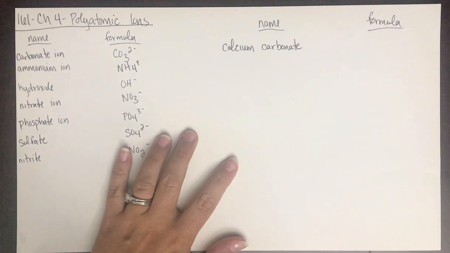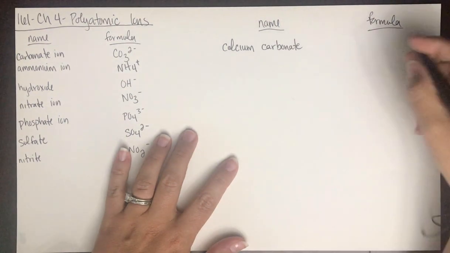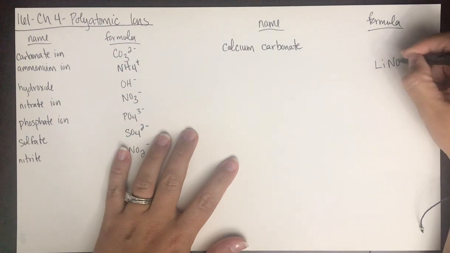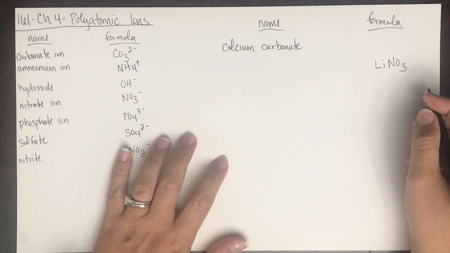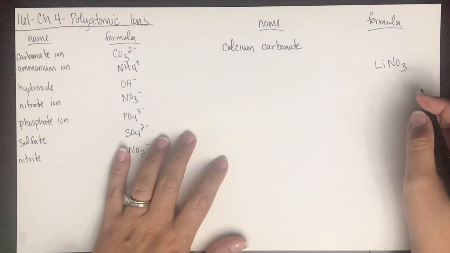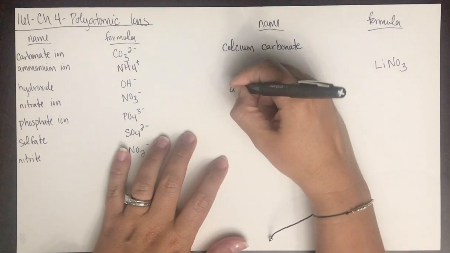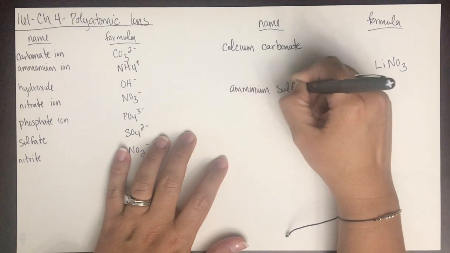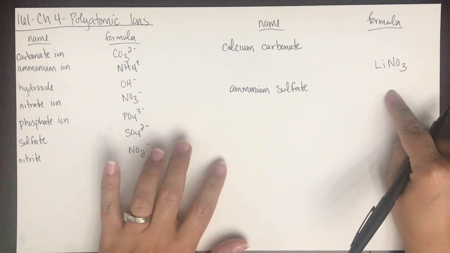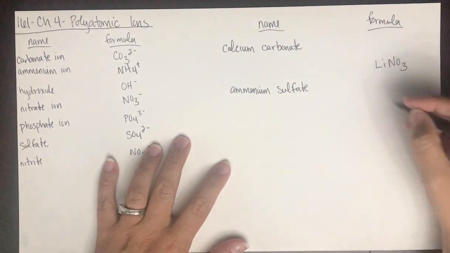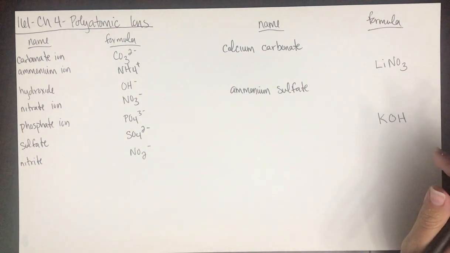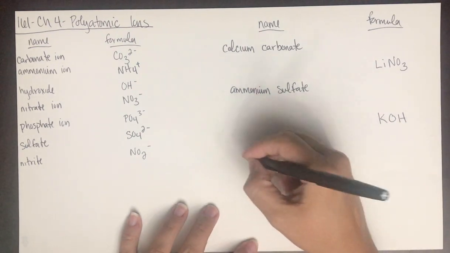Then maybe let's look at the formula here. And then let's look at ammonium sulfate. Then we'll write the formula. And now let's write this KOH.